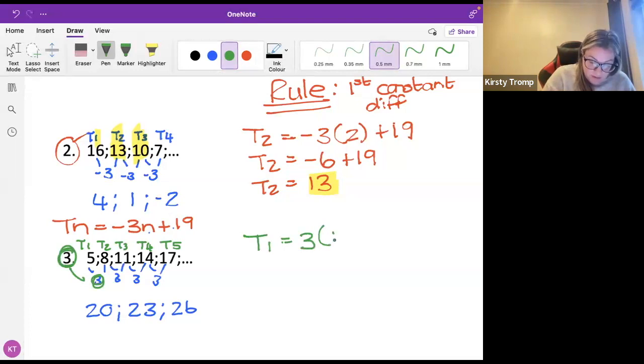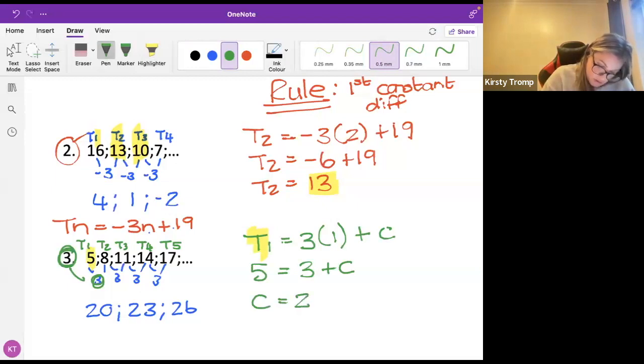In my bracket, I'm going to put 1 plus, I don't know what C is equal to yet, so I'm going to put a C there for now. What do I know that T1 is equal to? I know T1 is equal to 5. So I'm going to say 5 is equal to 3 times 1 gives me 3 plus C. So 3 plus what will give me 5? 3 plus 2, which means my rule must be equal to 3 times by n plus 2.